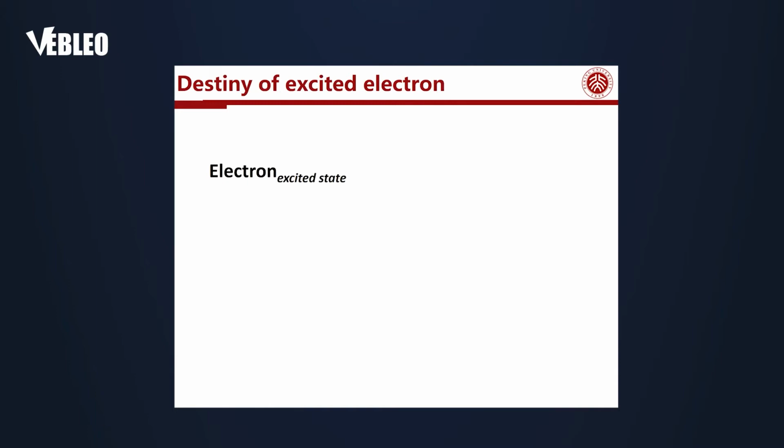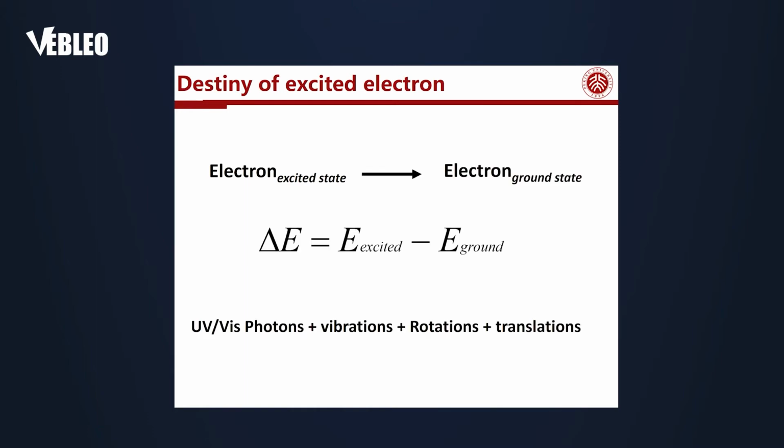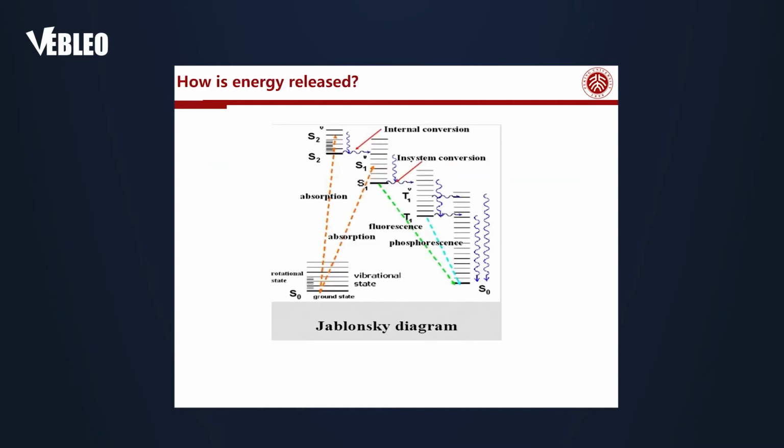Now, if you want to understand the exact mechanism, let's go back to the details about excited electrons. When an electron goes to the excited state, eventually it has to go back to the ground state, right? The energy difference between these two states will be released as either visible photons and or vibrations, rotations, and translations.